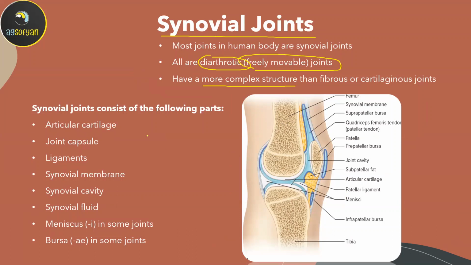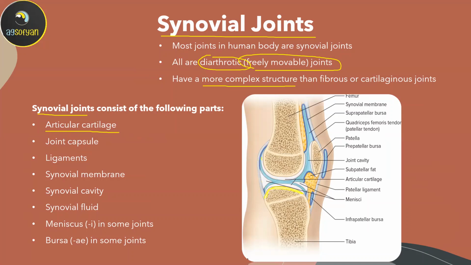There are several components of the synovial joint. The first one is an area of the bone called the articular cartilage, usually located at the end of the bone. I can make it yellow over here.